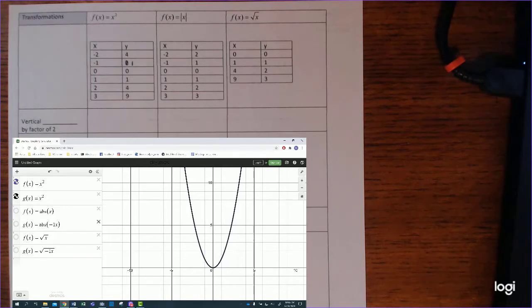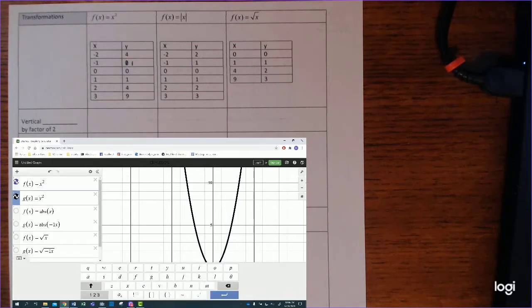So if I ask you about vertical stretching or vertical shrinking, you're going to be thinking about what to do to the y part of it, or the outside of the function. If I want to vertically stretch this x squared by a factor of 2, factor means multiplication, so this makes sense. You're going to multiply the outside of the function by 2.